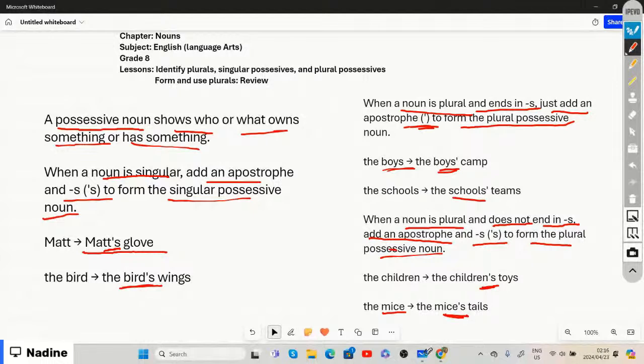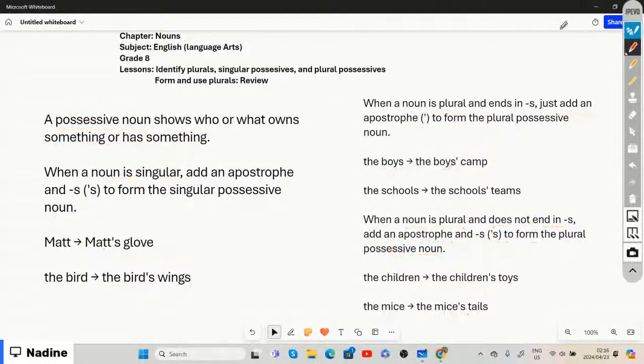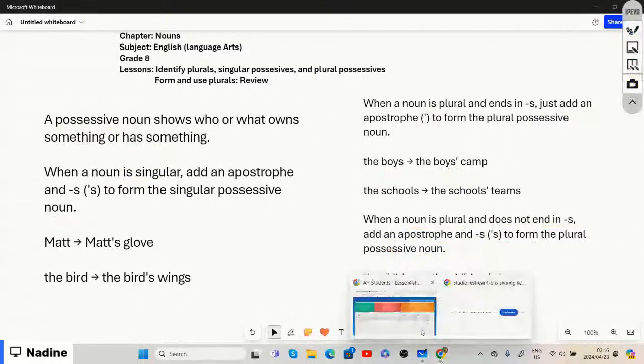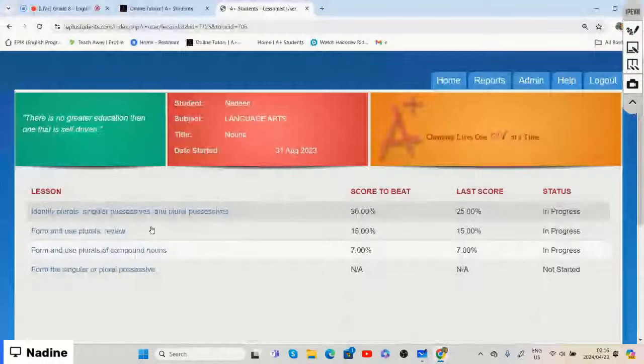All right. So now we're going to A plus students.ca, and we're going to continue with identifying more plurals, singular possessives, and plural possessives.